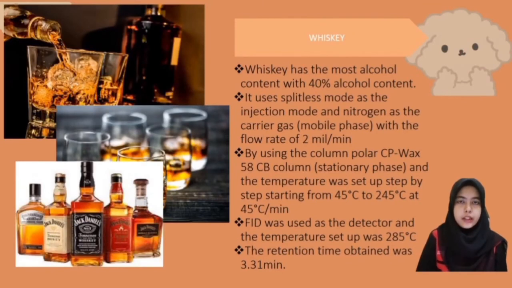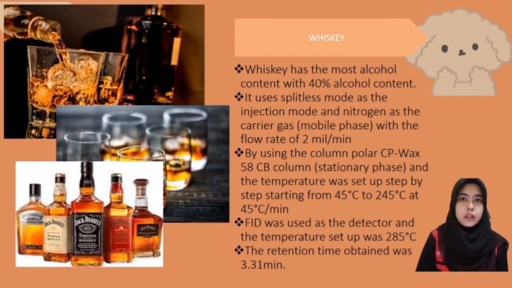Lastly is the whiskey. Whiskey has the most alcohol content, which is 40%. It uses splitless mode as the injection mode and nitrogen as the carrier gas with a flow rate of 2 ml per minute.